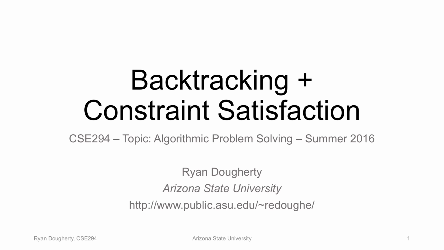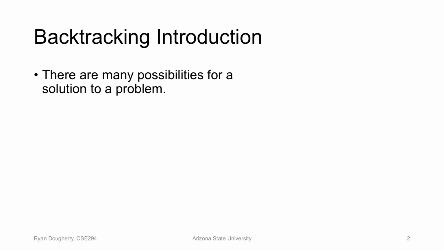So that doesn't seem like a very well structured way to look through all possible solutions. And as I said, you may have to look through all possible solutions. But it'd be nice to look through them in a more structured way. So that's what backtracking and constraint satisfaction is all about. So there are many possibilities for a solution to a problem.